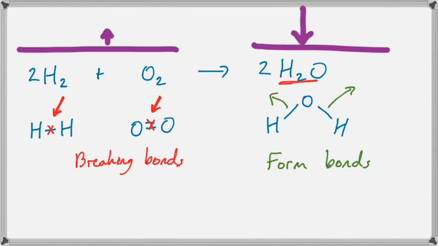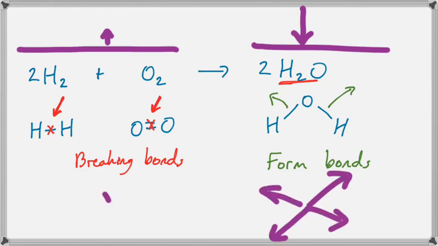So overall, it's lost more energy than it's gained. Don't worry about those arrows, the up and down that I just drew. It's just a way of showing it. We're not going to represent it that way. But it shows more energy being released from this side, like our other diagram that we did, and only a little bit being absorbed on this side. So overall, it's a more exothermic reaction.